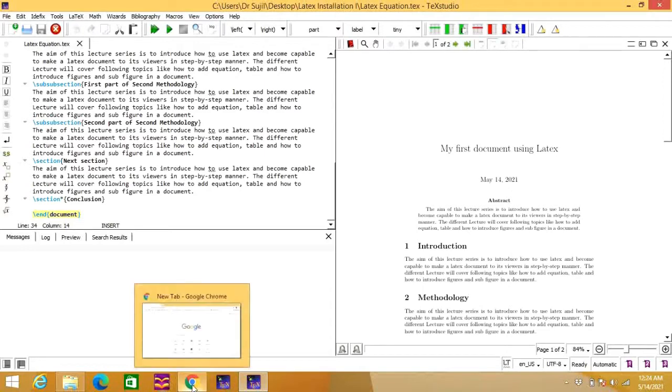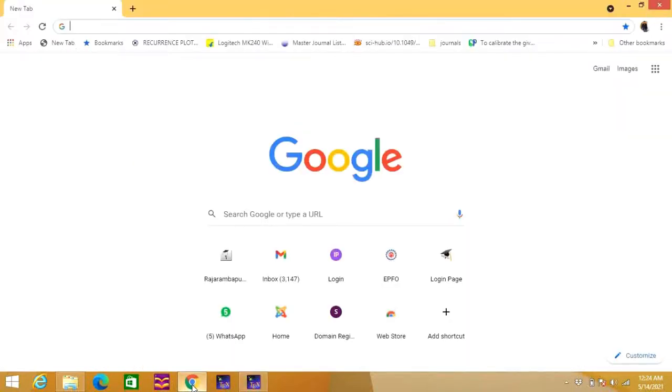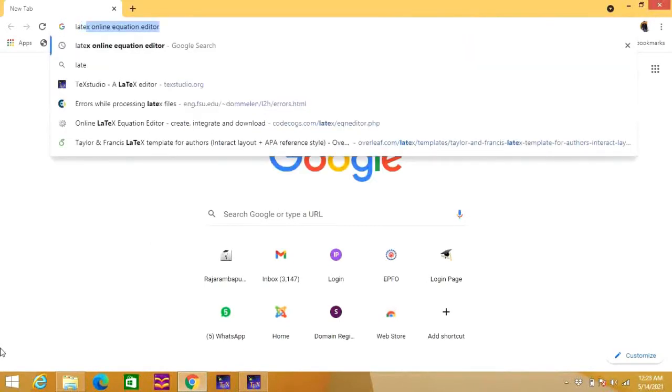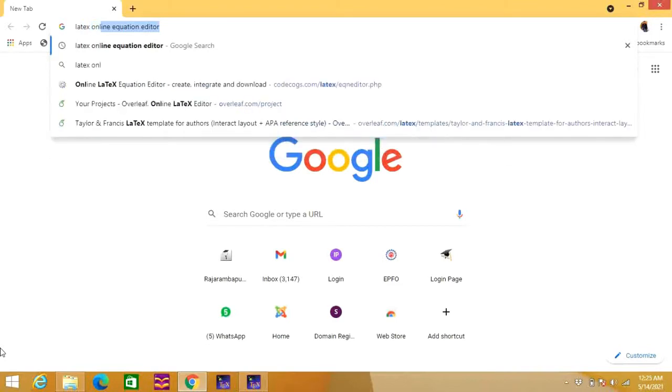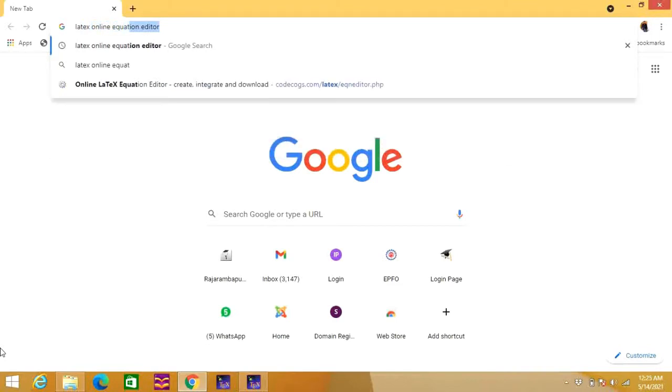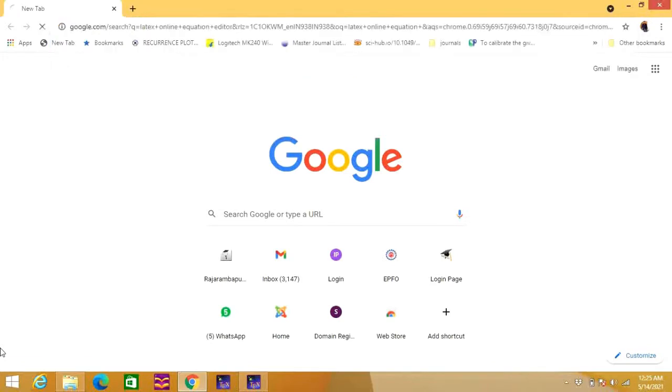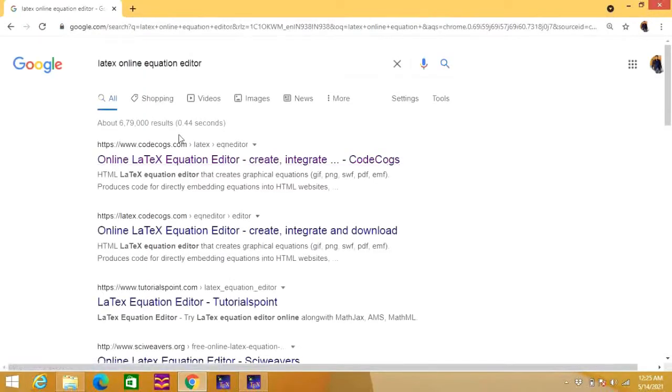For that, first we need to go to Google and search LaTeX online equation editor. This will open a link like this.